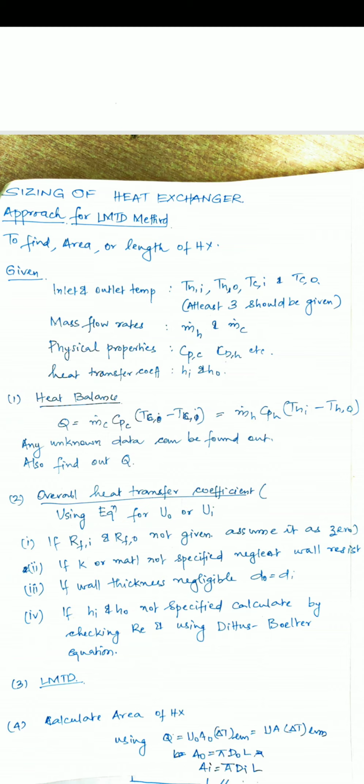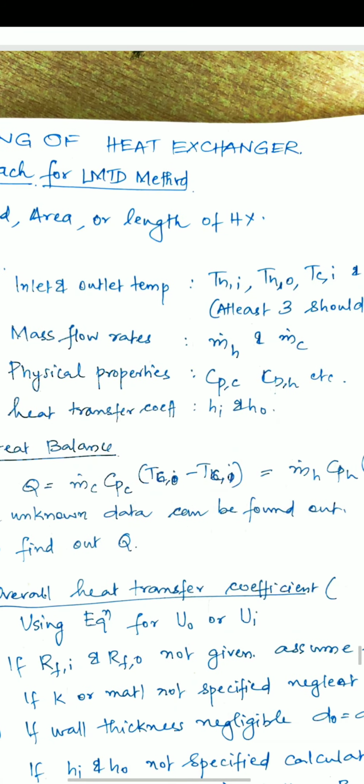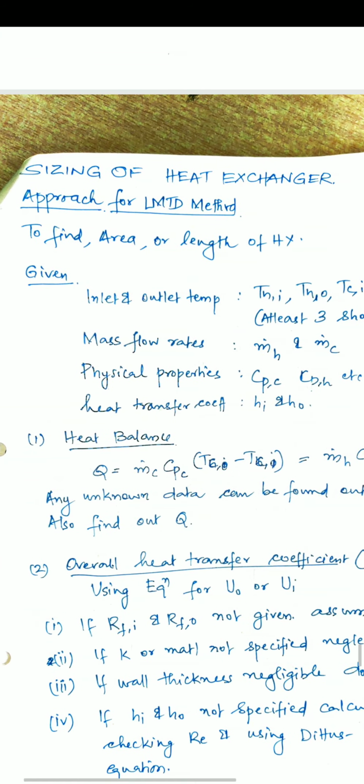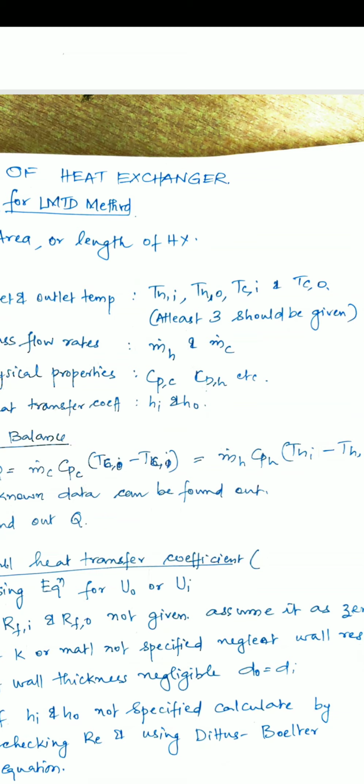So how do we do that? For the LMTD method, what we need to find is area, length, or number of tubes also. So the given data would be the inlet and outlet temperatures, that is THI, THO, TCI and TCO. 4 temperatures should be available in order to use the LMTD method.